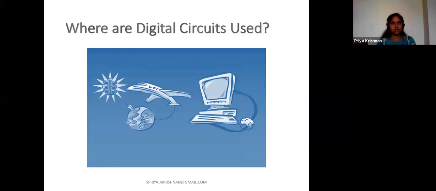This circuit is very useful for doing all the digital calculations. We have to depend on digital circuits. It is everywhere, we cannot just say it's present here or there. Whatever gadgets you use in your day-to-day life, everywhere you can find digital circuits. A small portion of digital will be present there.